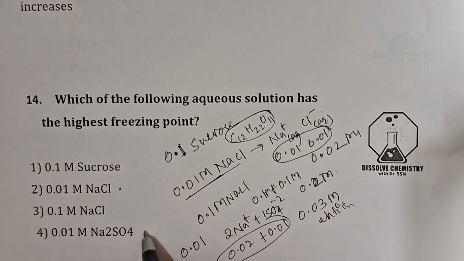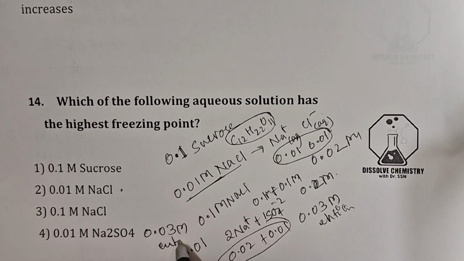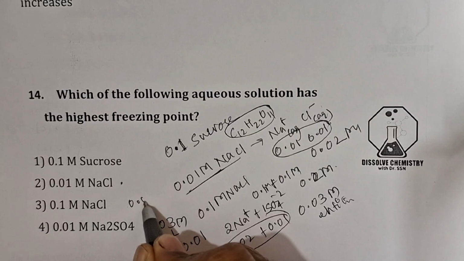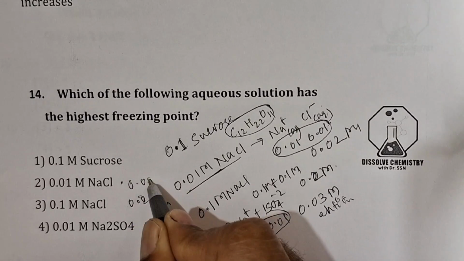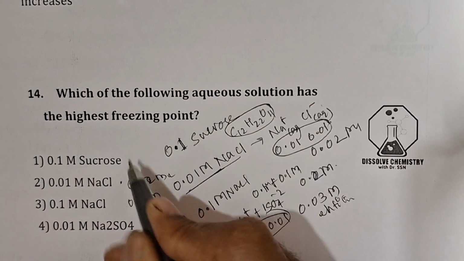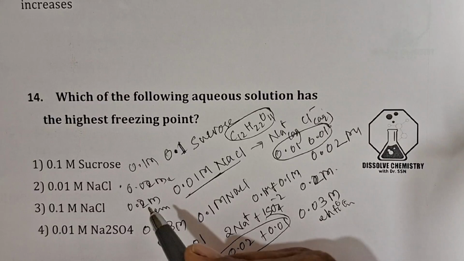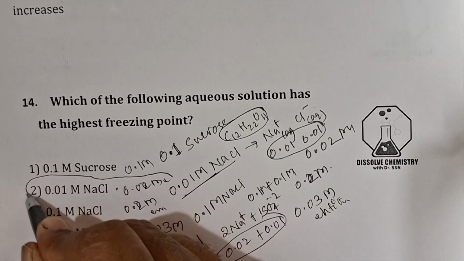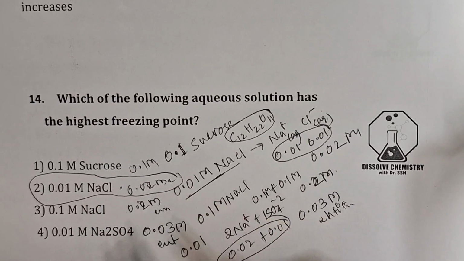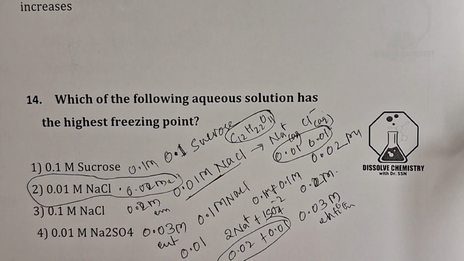Now this contains 0.03 moles of entities, this contains 0.2 moles of entities, this contains 0.02 moles of entities, and here it is 0.1 mole. Now which is lowest among these? The lowest is your NaCl, 0.01 mole NaCl. So hence it will have the highest freezing point.